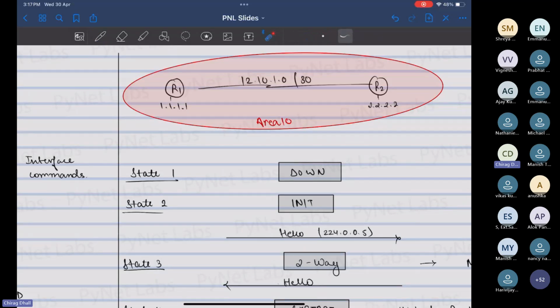R1 or R2? R2, correct? So in this case, when we exchange the network information, R2 will send the network information first. Clear?